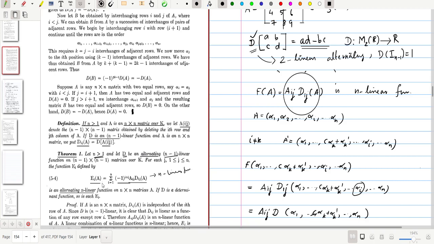For that we use the sufficient condition that whenever a has two equal adjacent rows, then ej of a equals 0. So that is enough to get this ej as an alternating function.